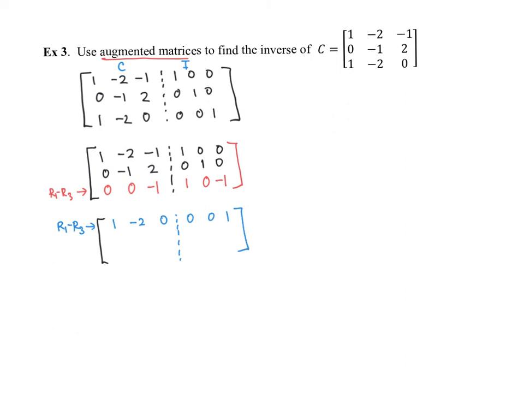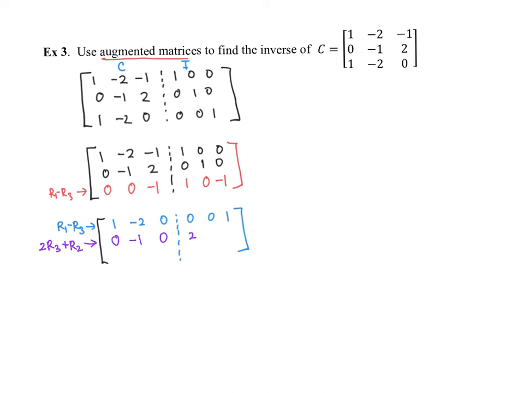Okay, now the second row, I also want to get a 0 here. I'm going to use row 3. Let's see, 2 times row 3, and then I can add it to row 2. Okay, 0 plus 0. 0 minus 1, negative 2 plus 2, 2 plus 0, 0 plus 1, negative 2 plus 0.